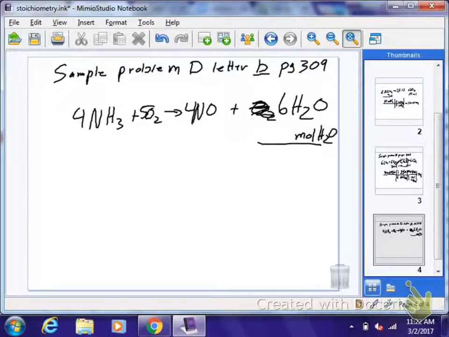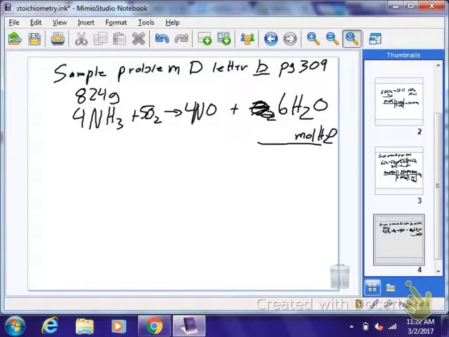They give you so much of a reactant. They say, you know what? We're going to give you 824 grams of ammonia. We can't go grams to moles directly. You have to go through your translator, and your translator is moles.